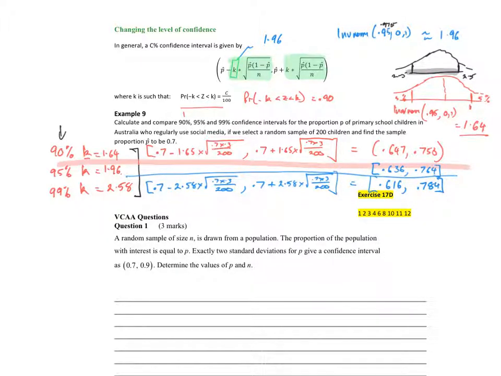Notice that the more confidence we want, the bigger the intervals become. That makes sense. If I'm saying my value is between these two points, then if I pick really wide points, I can be really confident it'll be within there. All right, give it a go.